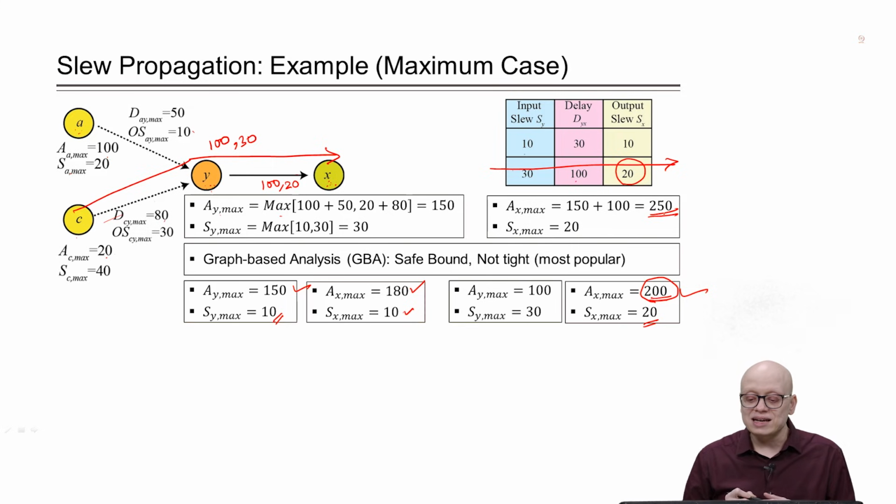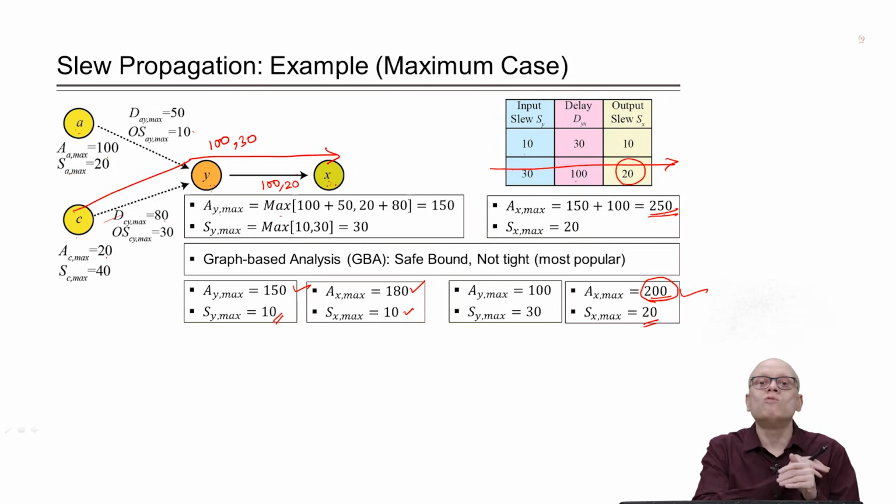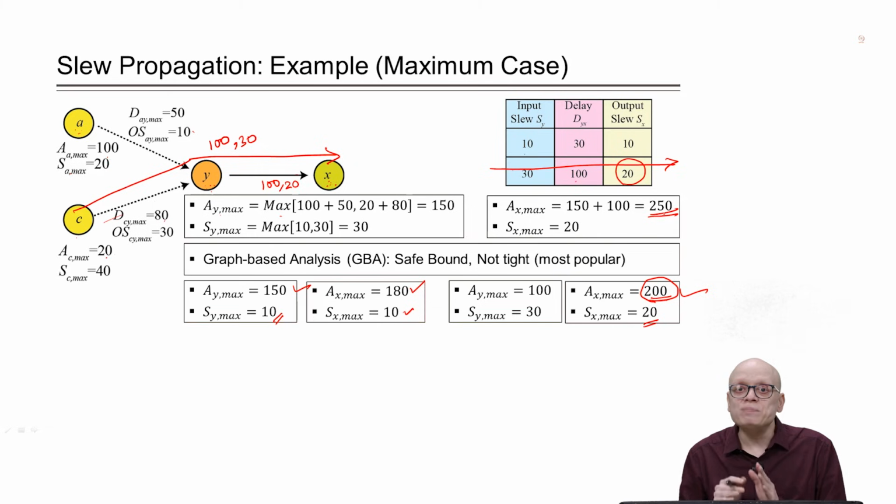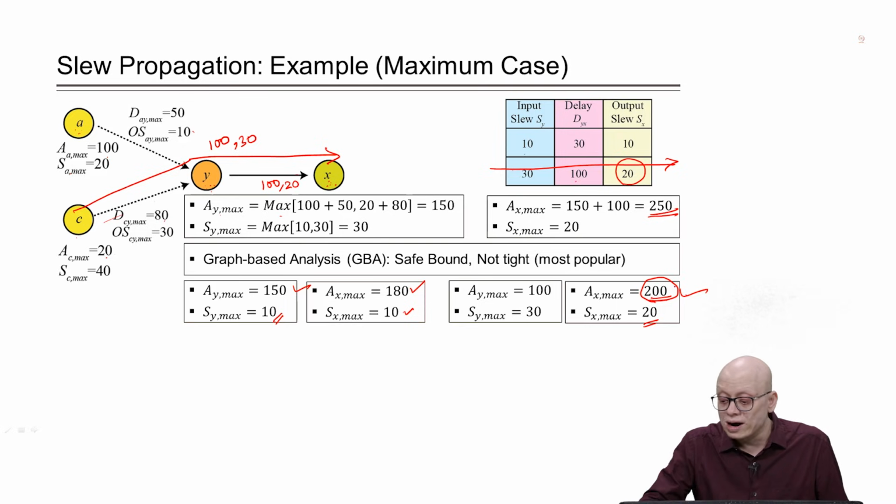Graph based analysis is safe, meaning that the bound given by the graph based analysis will be safe, because it is not only taking the arrival time as worst, but also the slew as what the worst could be in our circuit. Therefore, the bound that we get using the slew propagation by the graph based method will always be safe, but it may not be tight as illustrated in this example, because the real maximum arrival time in our circuit is 200 at the vertex x, not 250.